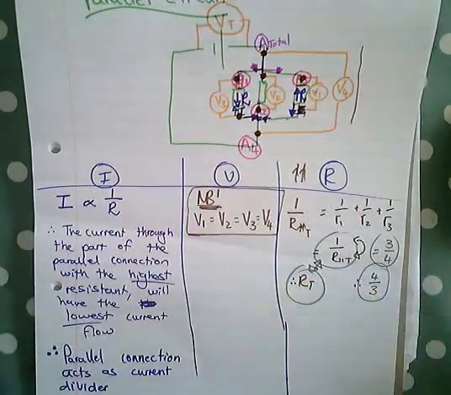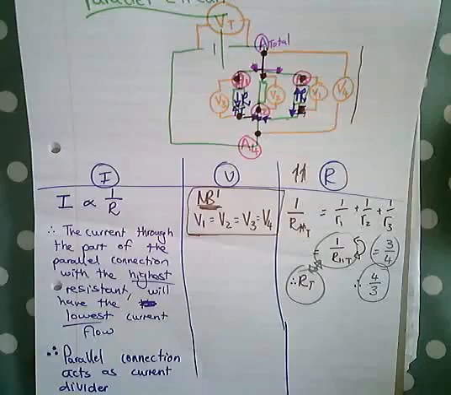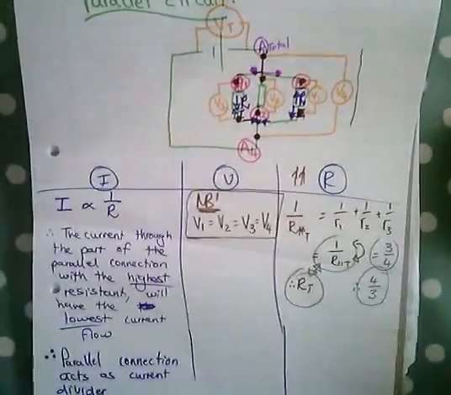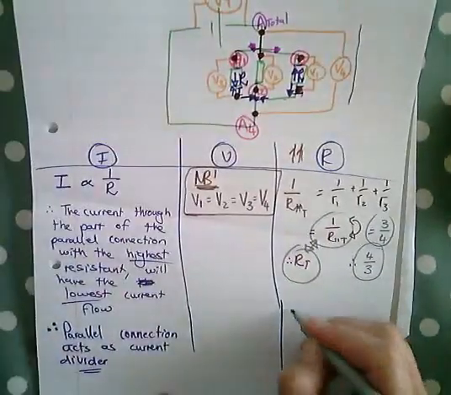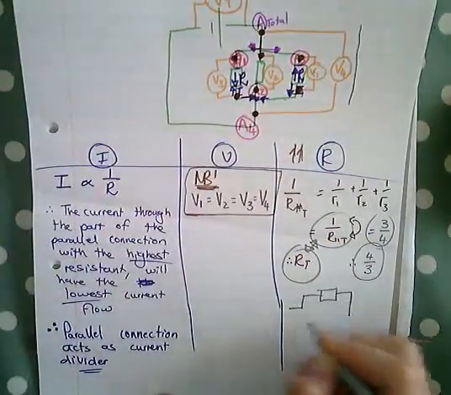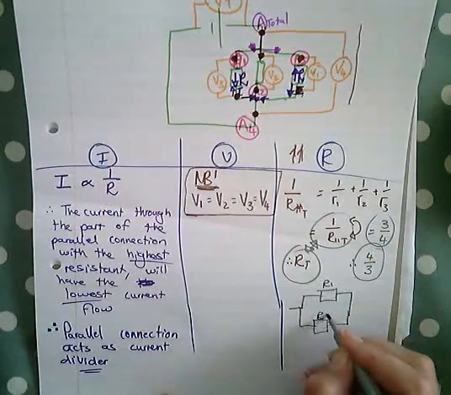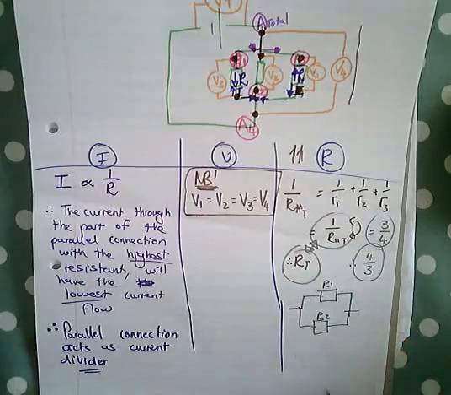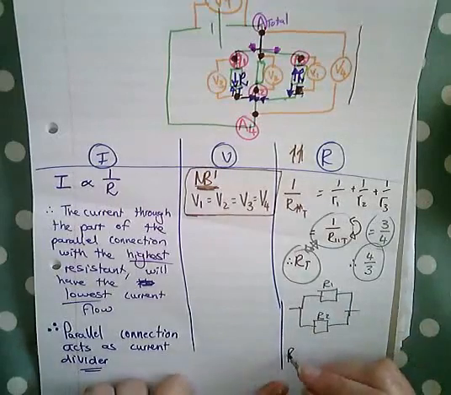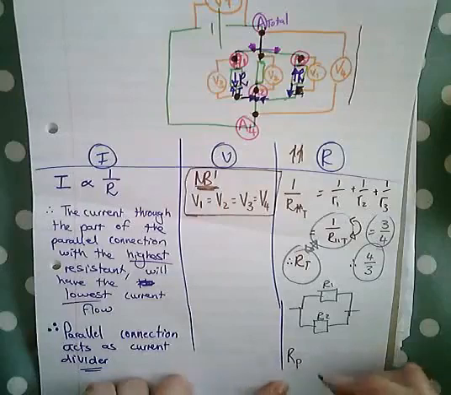Okay, then if you have 2 resistors in parallel, so you have one on that side and one on this side, and this one is R1 and this one is R2, then the total resistance in that parallel connection is going to be the product of those 2 divided by the sum of those 2.